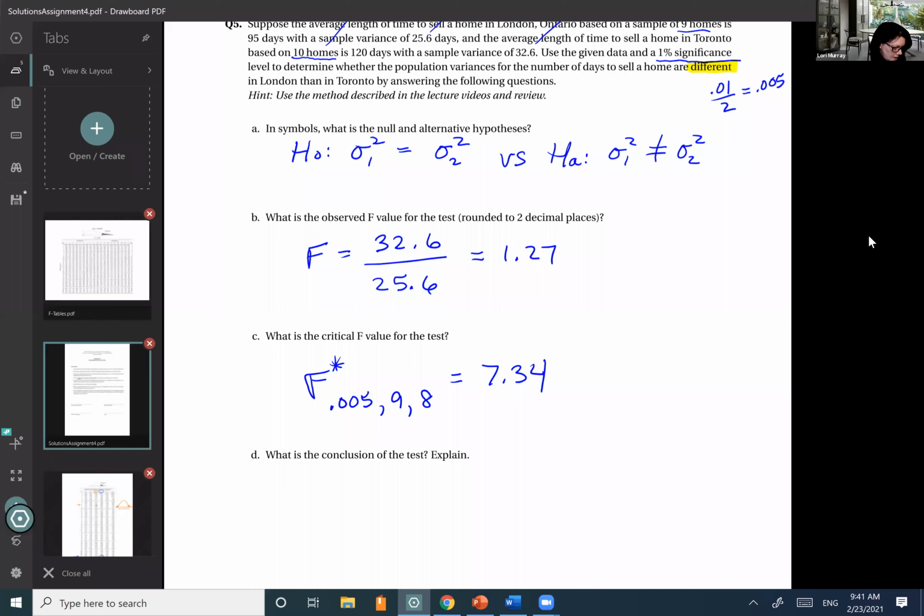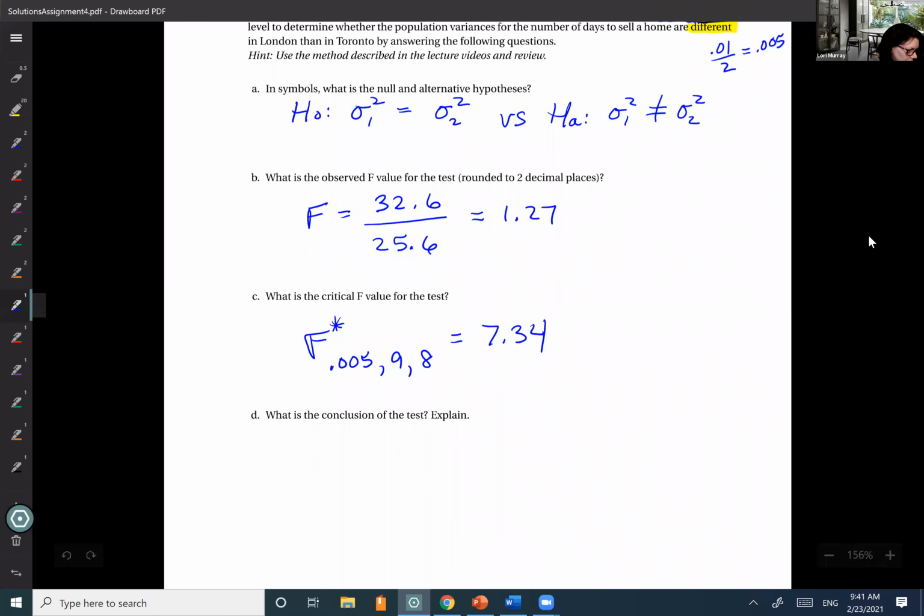It's what we got. And what is the conclusion of the test? So what we can do is say the observed F is not greater than the critical value F, right? It's not in the rejection region. If it was greater, then it would be in the rejection region.